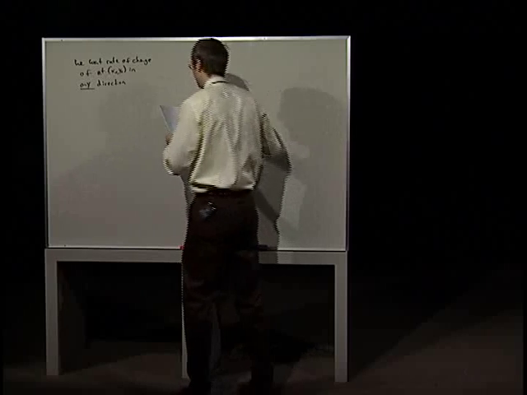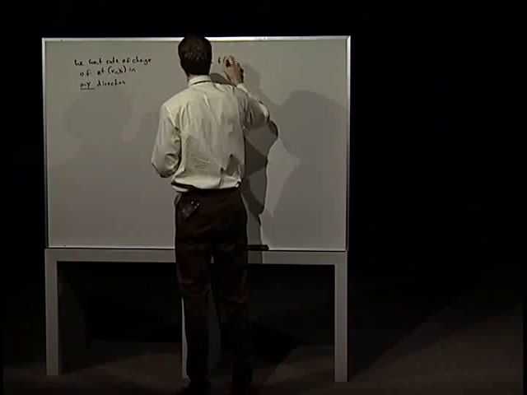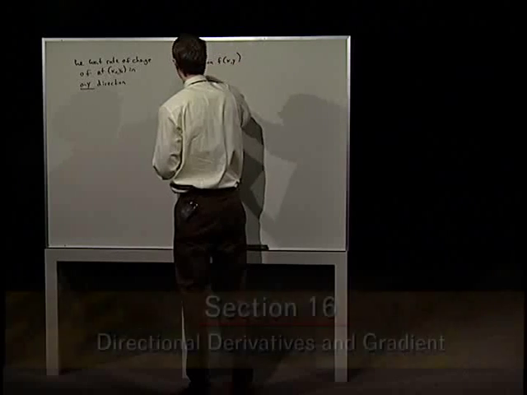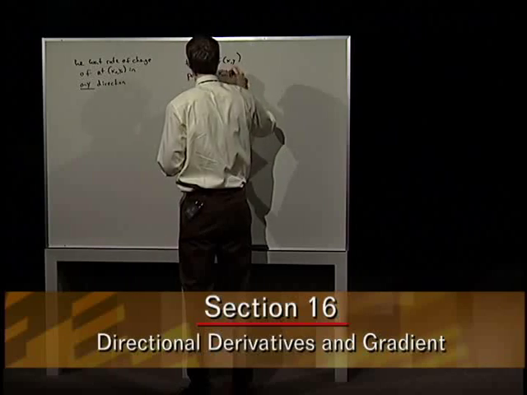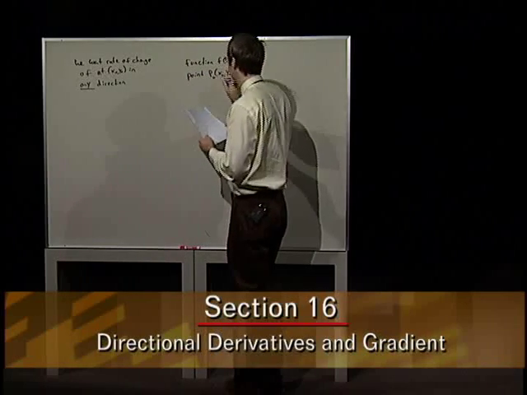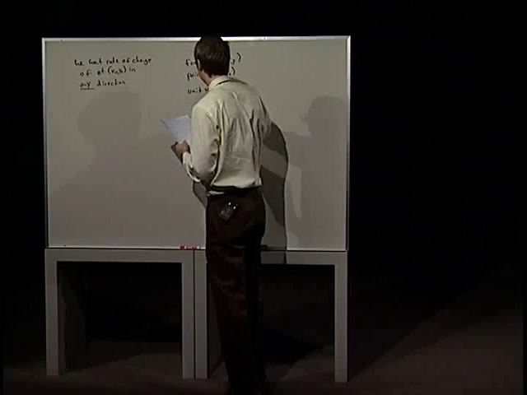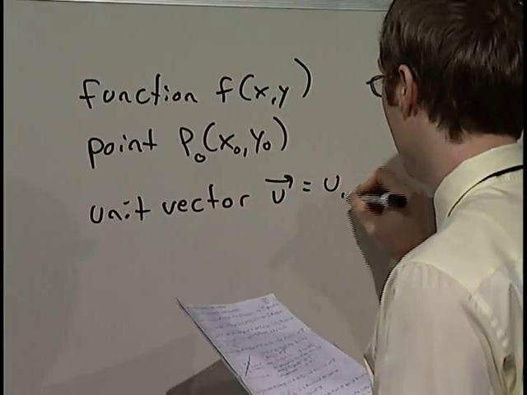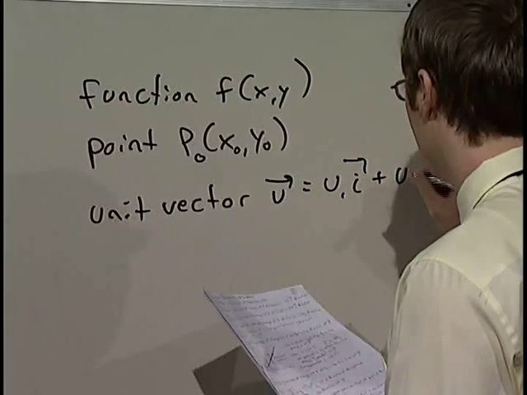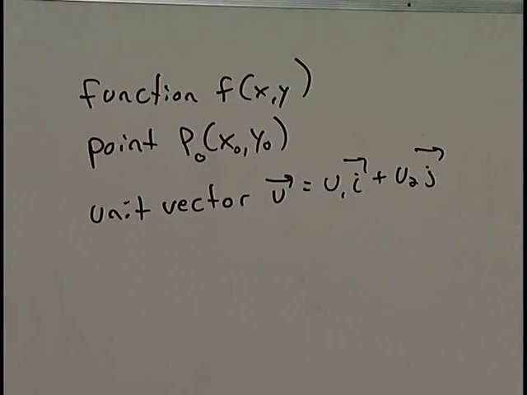Well, we have our function f of x, y. We have our point in the xy plane, x naught, y naught. It's point P naught, right? And we have a unit vector in the xy plane only. So the unit vector u is u1 i plus u2 j.